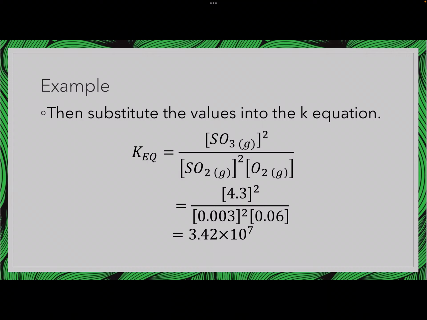We can kind of see this from the concentrations given to us, but this equilibrium is definitely favoring the sulfur trioxide side, the products. The products have a concentration of 4.3, while one of the reactants only has a concentration of 0.003. That's why we've got such a big K_eq value.